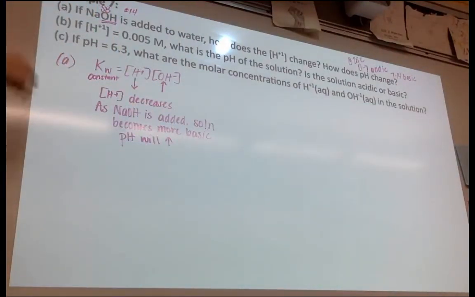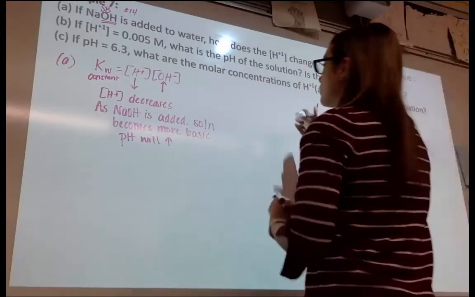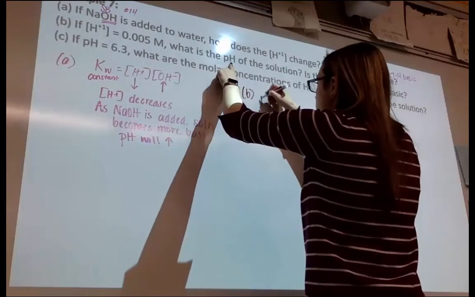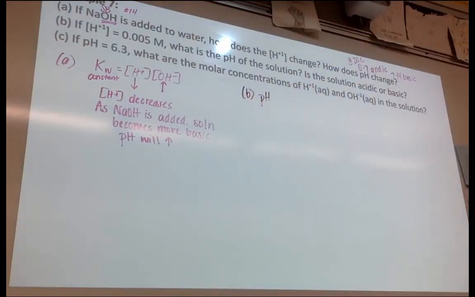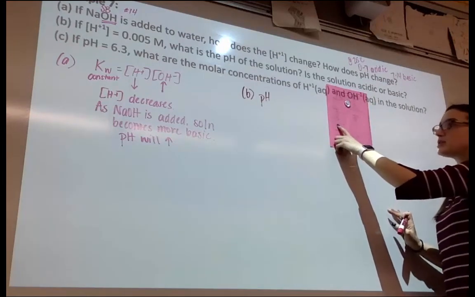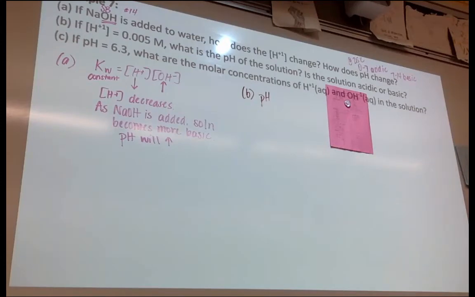Now for part B, if H plus concentration is 0.005 molar, what is the pH of the solution? Is it acidic or basic? So let's go through part B. We have a couple different ways that we can calculate pH. We can use pOH or we can use H plus. On your equation sheet, you're going to notice that you have pH equals negative log of H plus and 14 equals pH plus pOH.